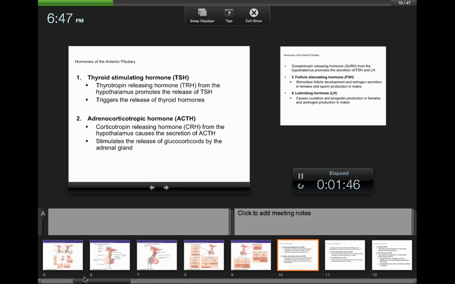Okay, so from the hypothalamus, this is corticotropin releasing hormone. Okay, this is also called CRH.